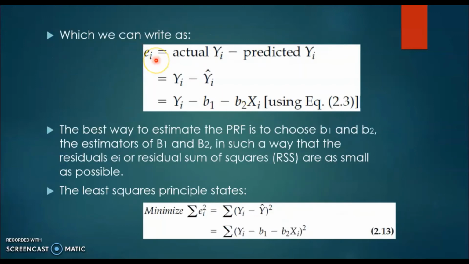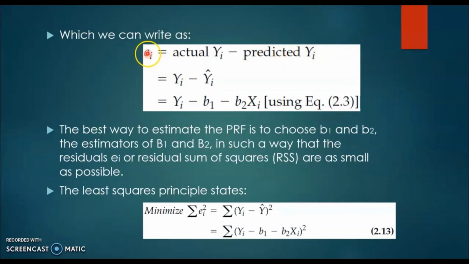The residual component of this sample regression function can be written as ei, which is equal to the actual dependent variable yi minus the predicted dependent variable yi.